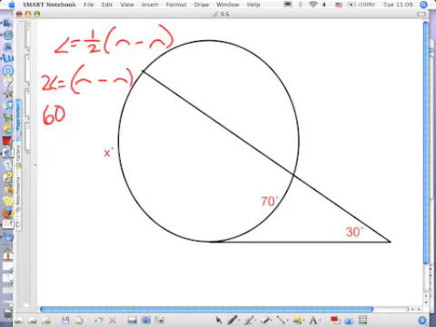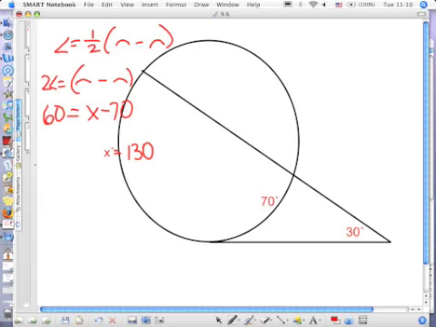So the difference between my two angles is equal to 60. It's 130 minus 70? Oh, it's outside, so you do the opposite. 130 minus 70 is 60, and 60 divided by 2 is 30.